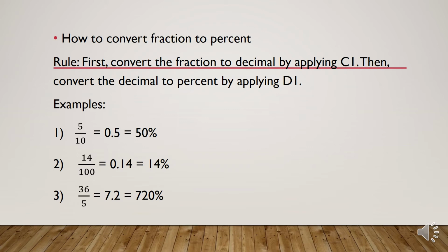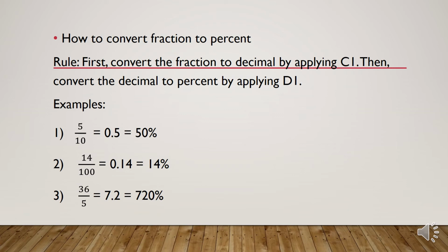How to convert decimal to percent? Just multiply 0.5 by 100. So 0.5 times 100 is equal to 50, and then copy the percent sign. Or just move 2 decimal places to the right, starting from the decimal point.